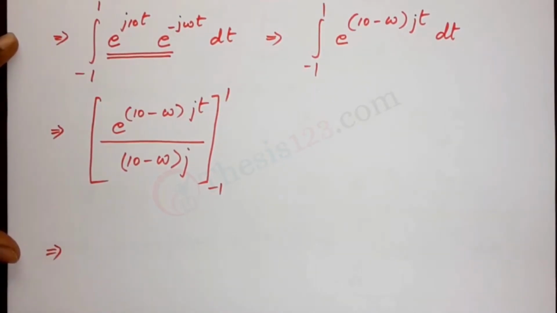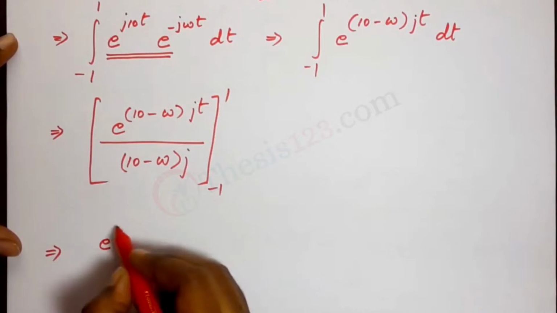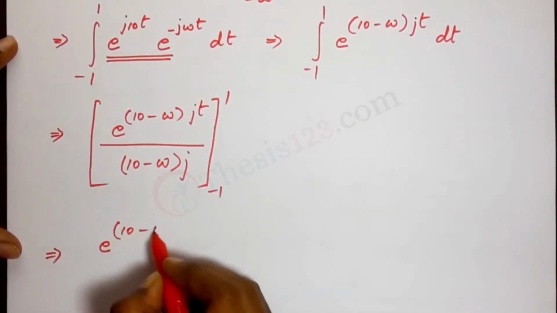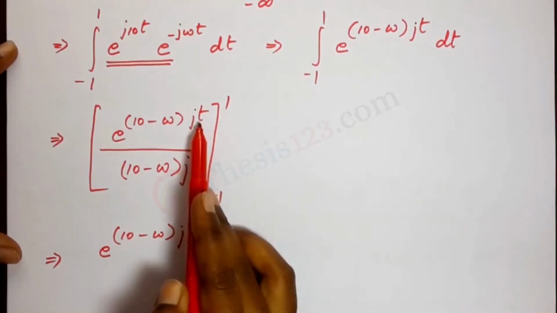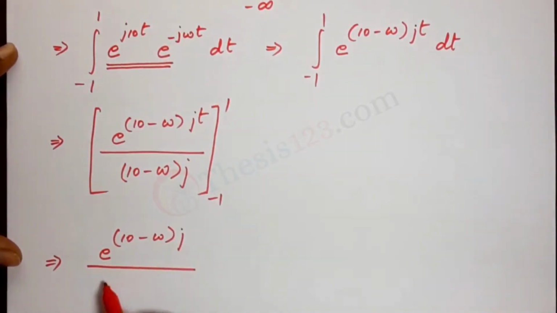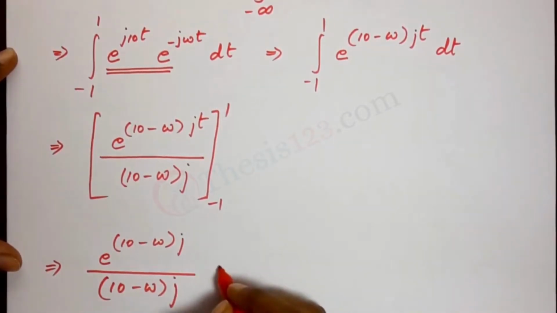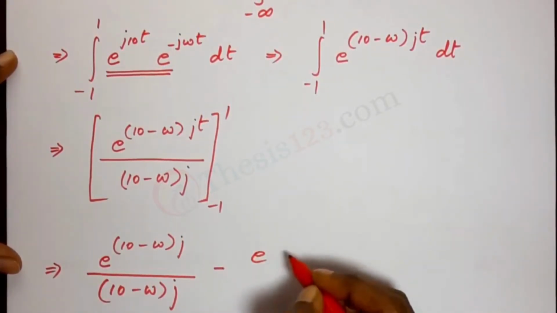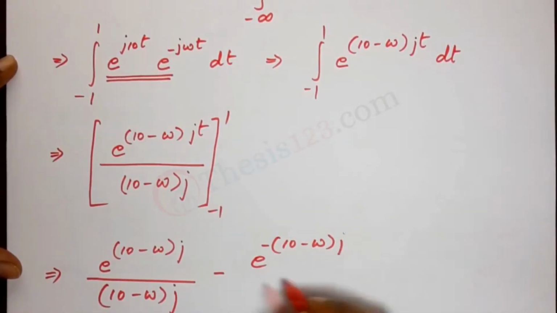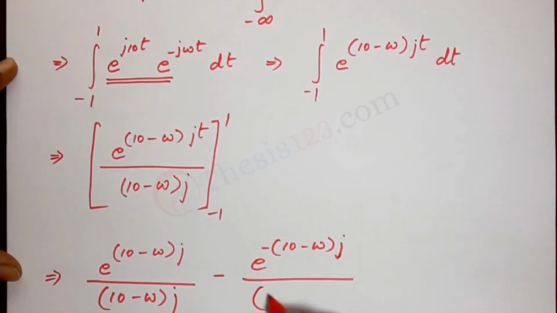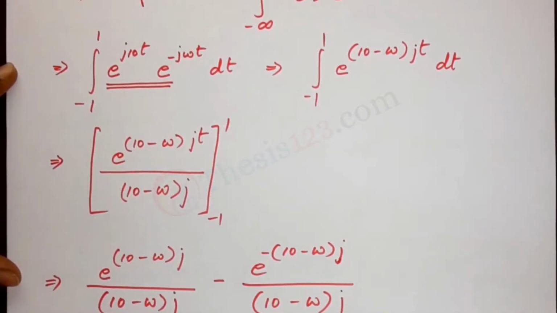Now let's plug in the limits. We would then have e to the power 10 minus omega j. We are substituting in place of t. Okay? Divided by 10 minus omega into j. Minus e to the power minus of 10 minus omega into j divided by 10 minus omega into j. So this is what we have.